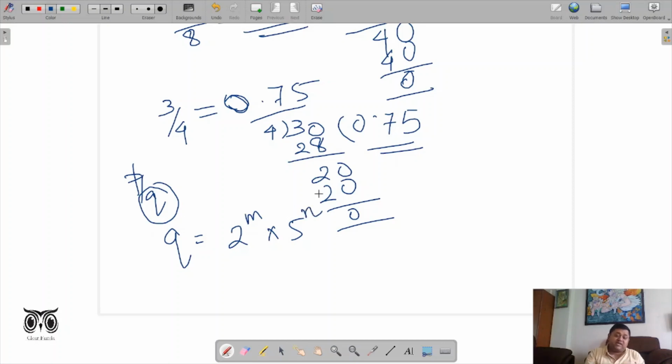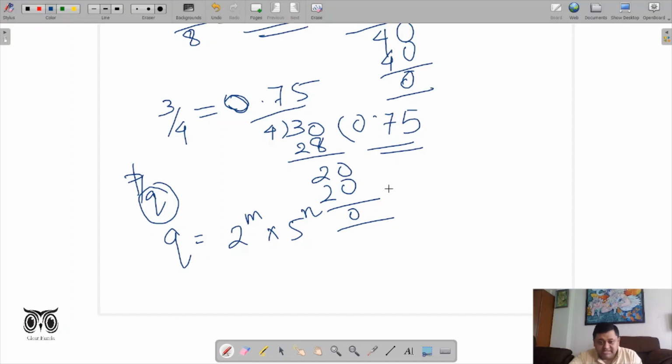So if the prime factors of this denominator q are either 2 or 5, only then we will find that our division ends at a particular number where the remainder becomes 0.